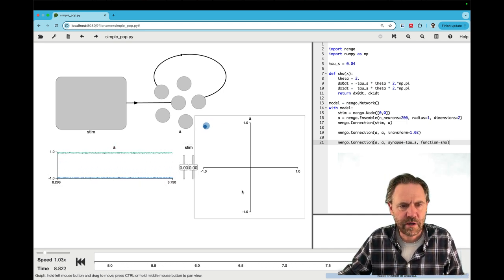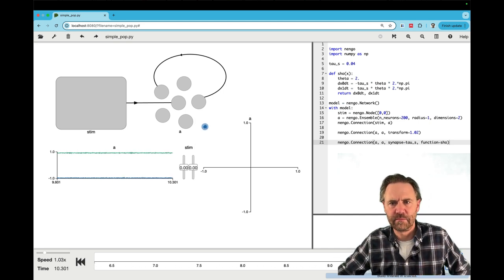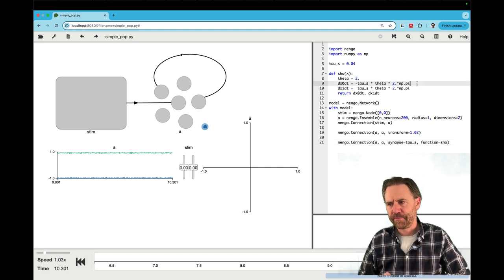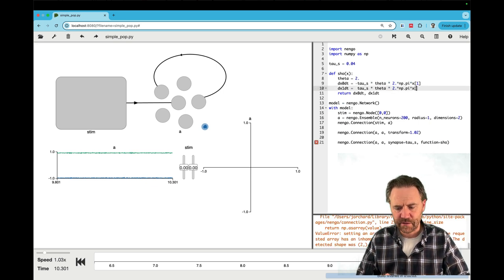Okay, that's not working. What have I done wrong? Oh, I didn't multiply by the x itself, times x1, that's the y value, times x0.